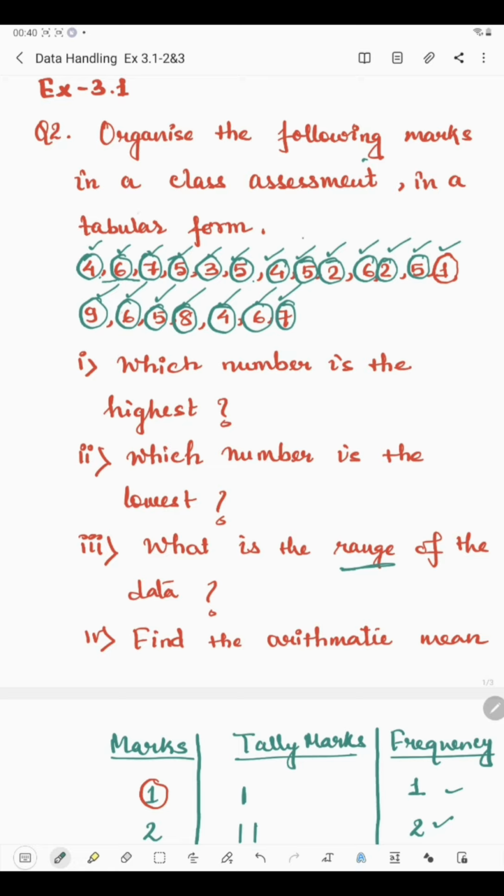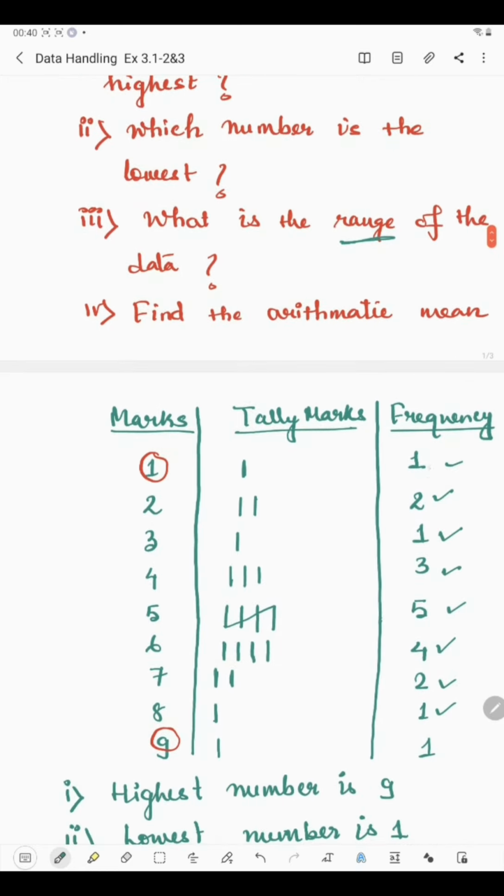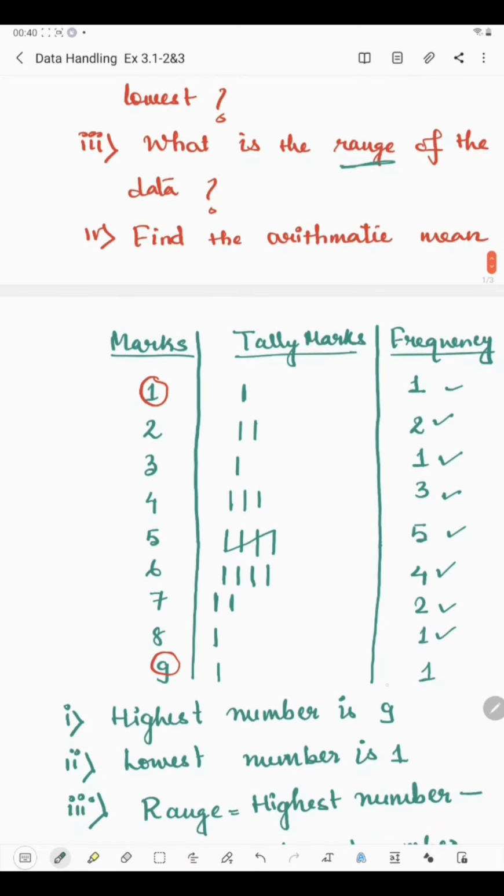You can find that from here also by counting the numbers, and here we have already taken all the numbers. So if you find the total of this, then also we will get 20, because here we have already taken how many times 1 appeared, how many times 2 appeared. So if you add all this, then also we will get the total number of observations.